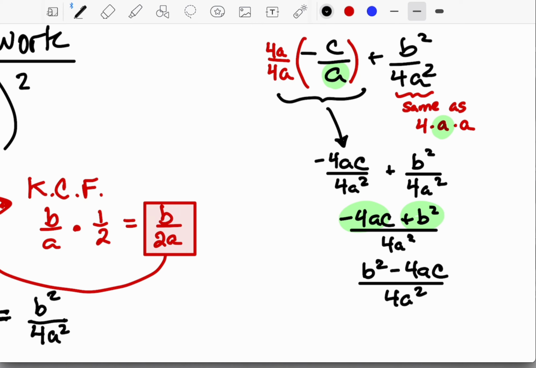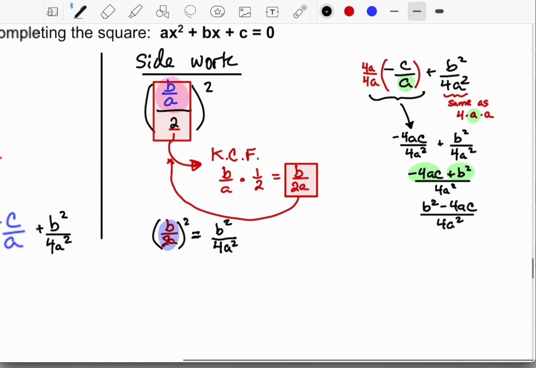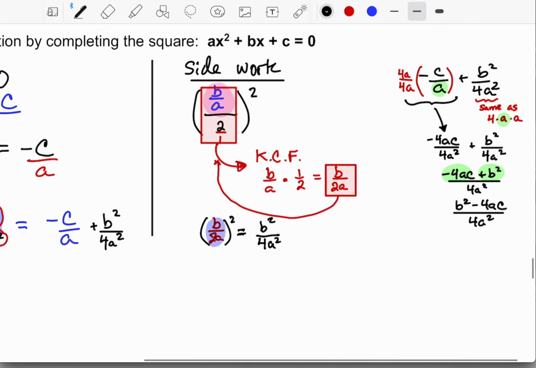All right. Products get written in alphabetical order. So if you have a ton of letters in your expression, and they're all being multiplied, you just work down the alphabet, and then anything that's positive would come before anything that's negative. All right, just to write it as a subtraction instead of an addition involving a negative.